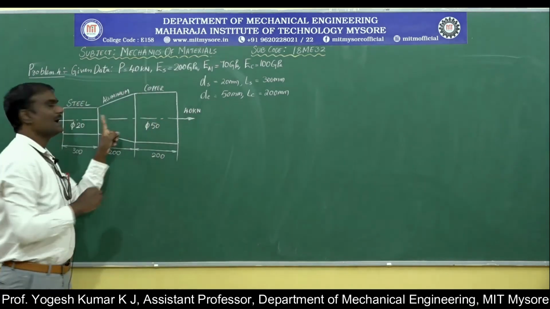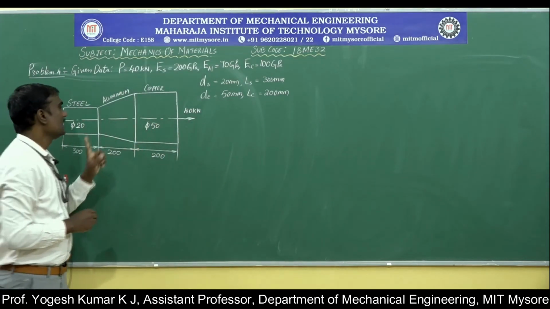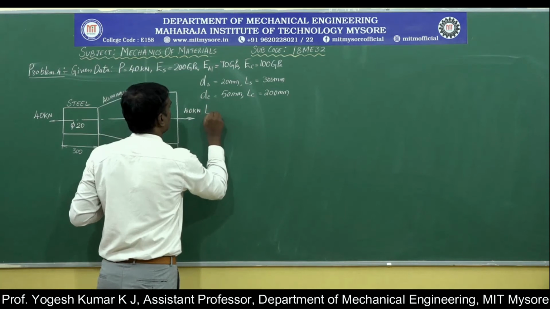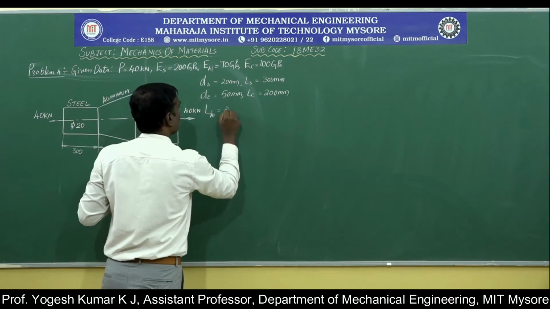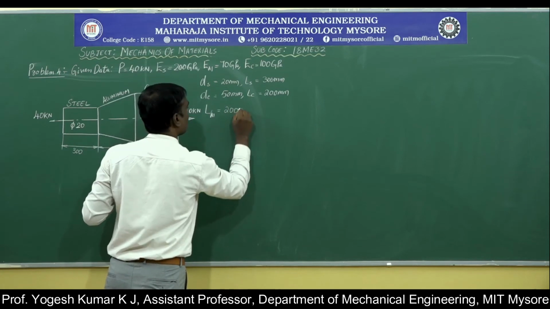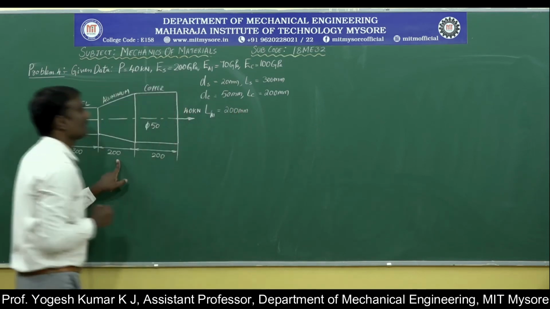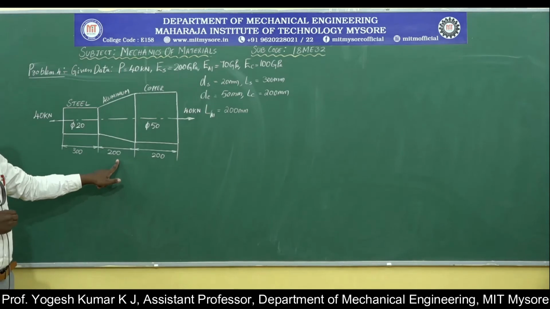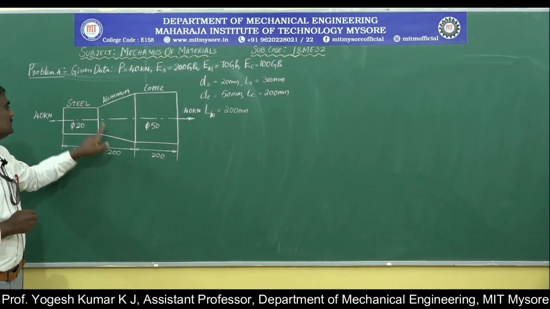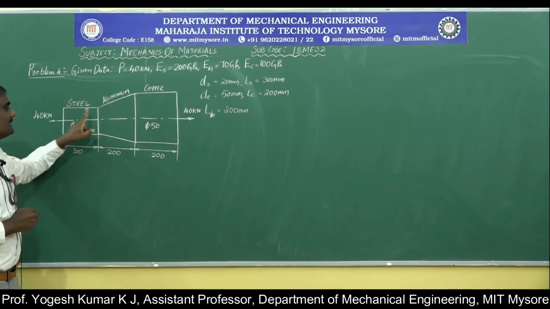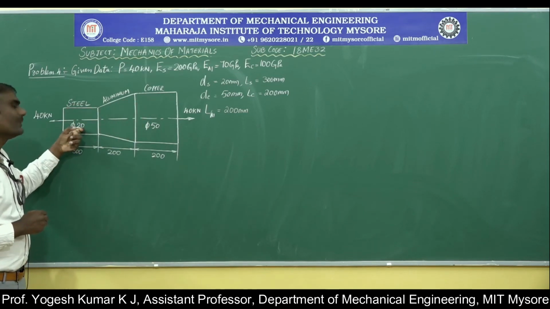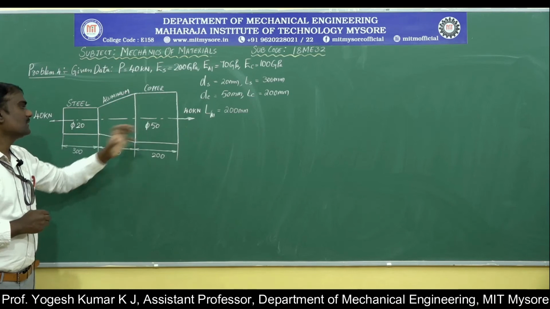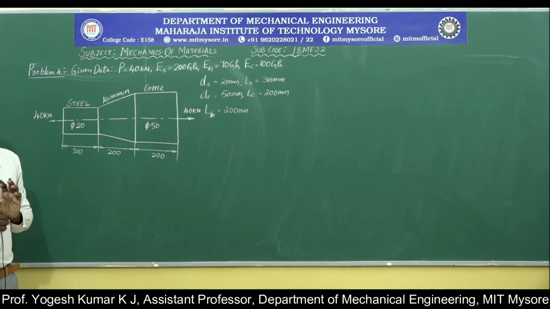In between we have an aluminum section which is tapered. The length of the aluminum section is 200 mm. By looking into the diagram, we can say the aluminum section is a tapering circular rod, because at the smaller end we have a 20 mm diameter, and at the larger end a 50 mm diameter.